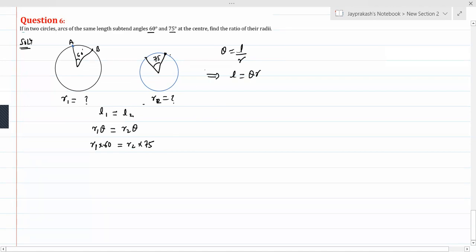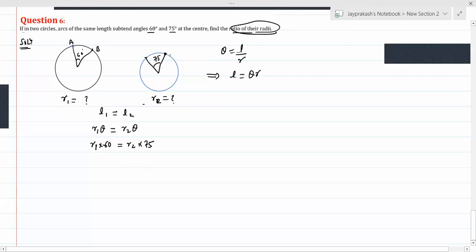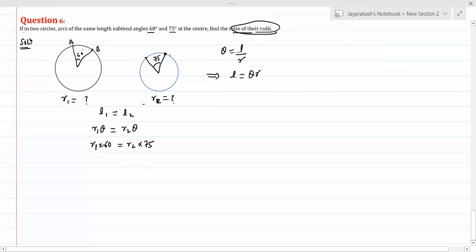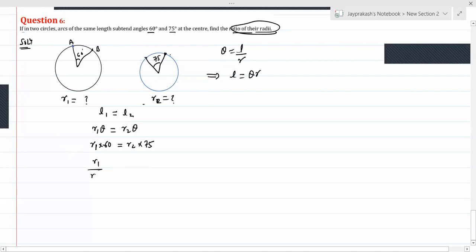Now we need to find the ratio of their radius. The only thing is that theta on both sides should be in the same unit. So now we have the same unit, degree measurement. So we can write here R1 upon R2 is equal to 75 by 60.